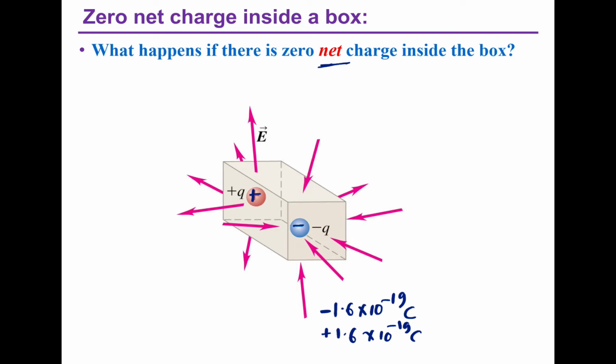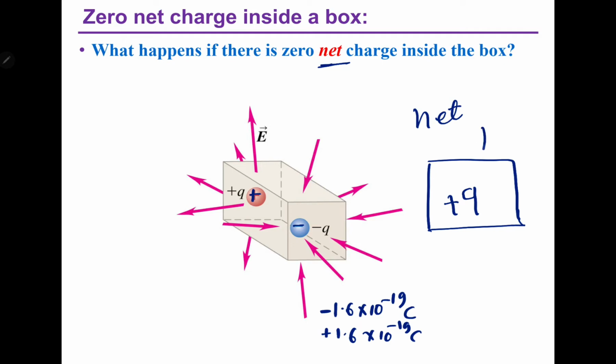Okay, if there is net flux, this is the box I just drew roughly, and here is a plus q charge. Now here is the net charge, right? Because of this net charge, electric field lines will go out from here in this way.